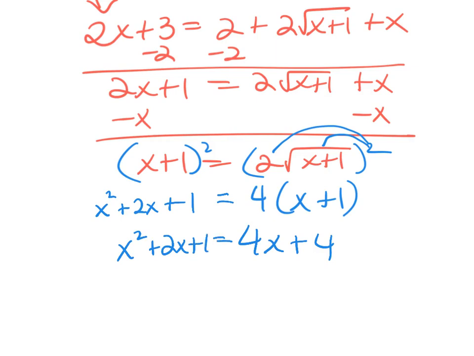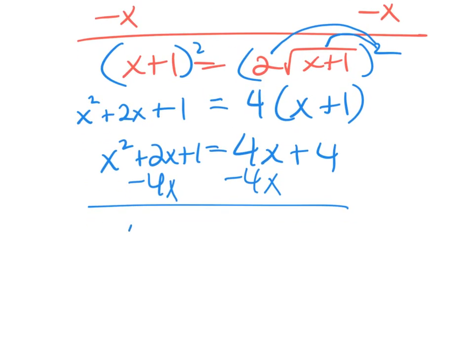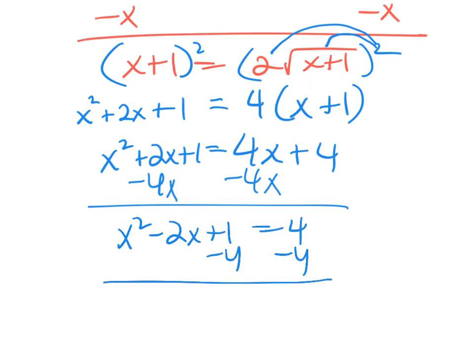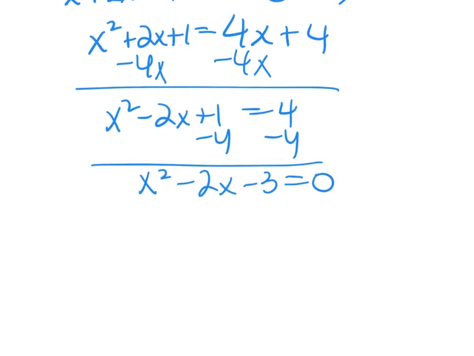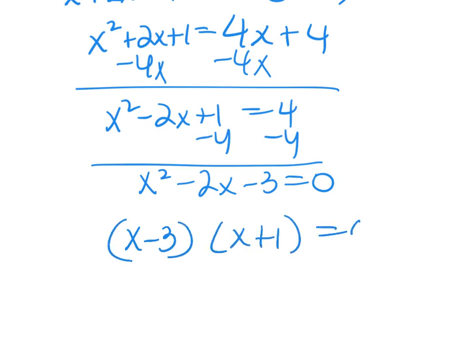And now move my terms together. Yes? Going. So now move the 4x. x squared minus 2x plus 1. Move the 4. x squared minus 2x minus 3. I am looking for the factors of -3 that add to give me -2. x minus 3, x plus 1.